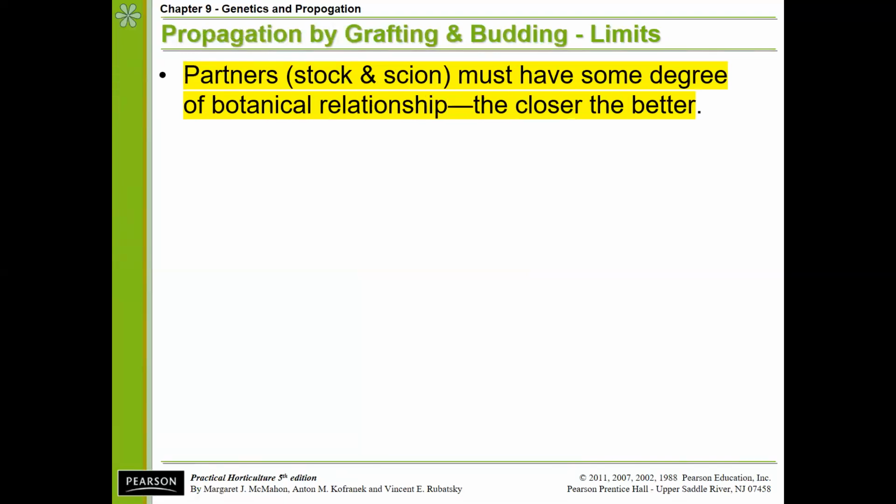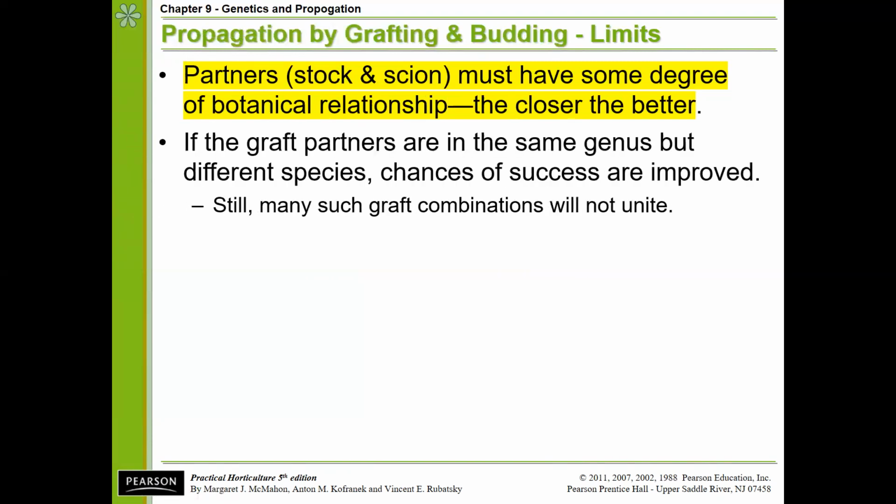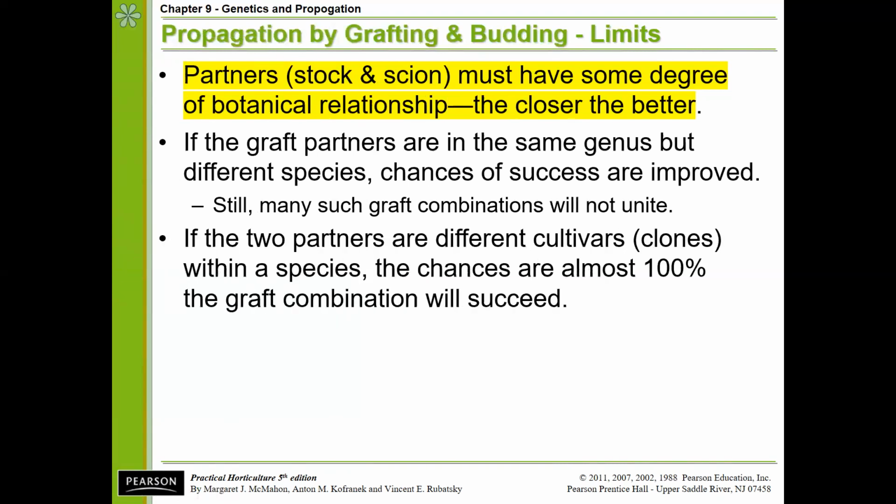So at minimum, they have to be the same family. The closer the genetics, the better. Same genus is good, same species is best, the same genetics.